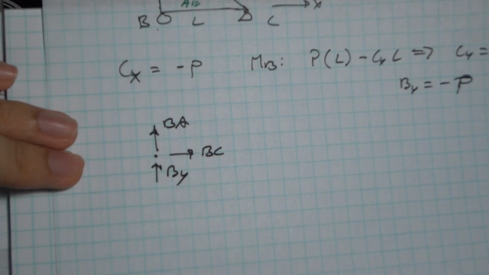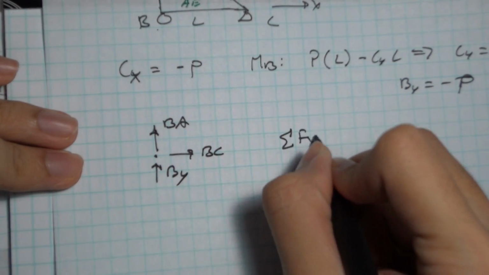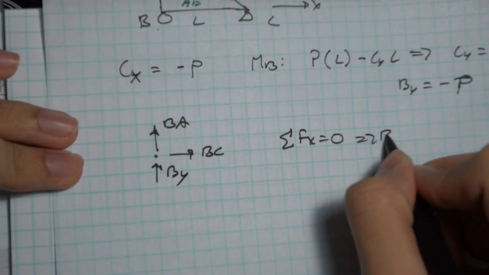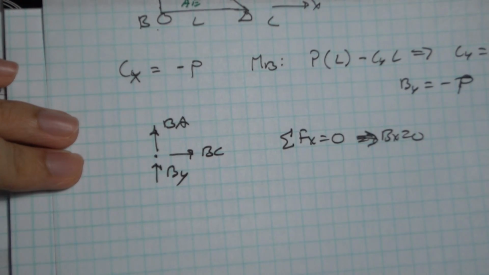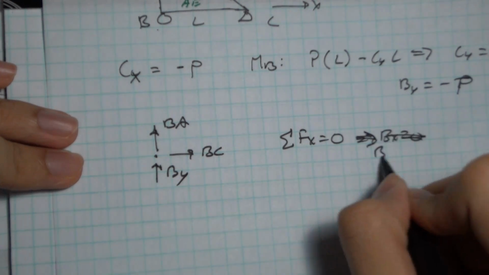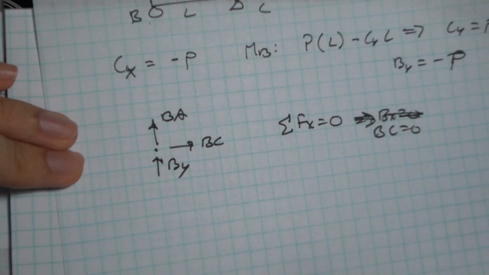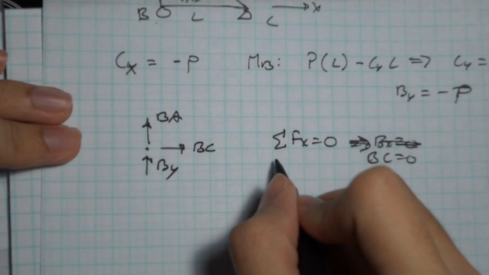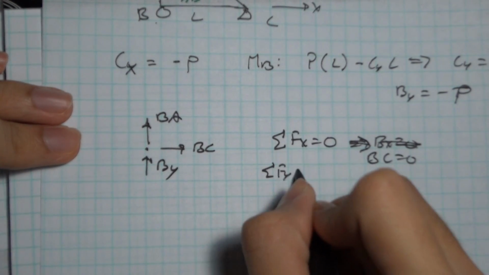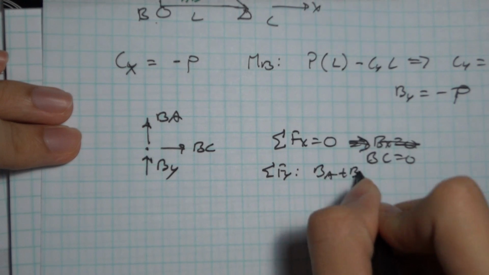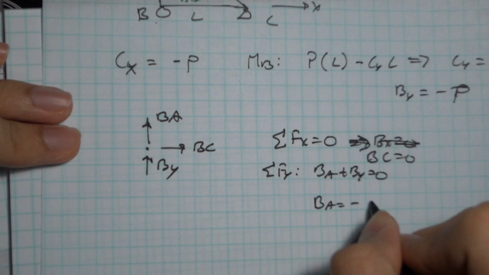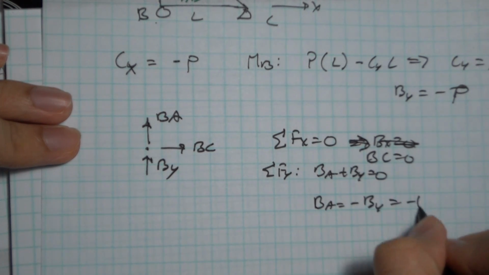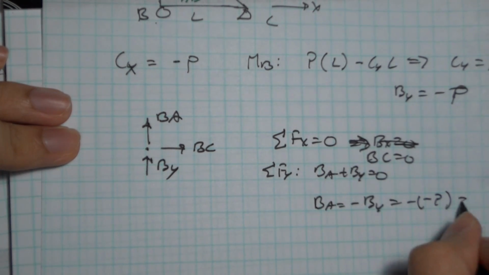If I do sum of forces in the X, BC equals 0. Sum of forces in the Y, BA plus BY equals 0. BA equals negative BY equals P.